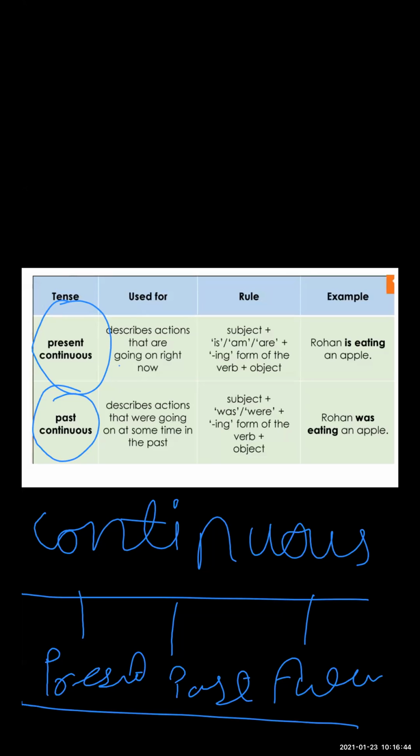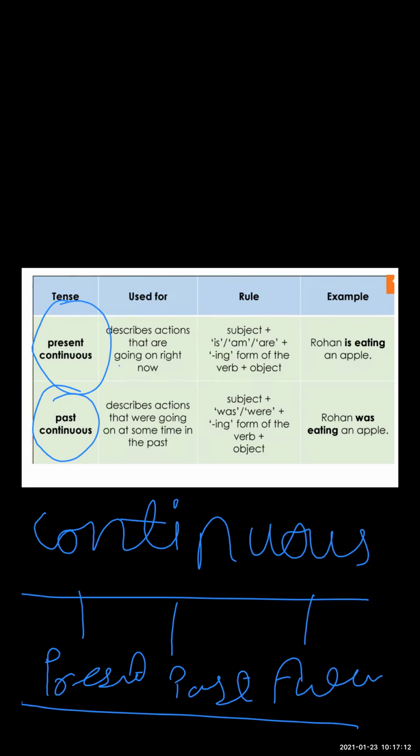Rohan is a single person, a singular subject, that is why I took was. If so many children were eating the apple, what will I use? Were. We were eating an apple. Same ing form of the verb. This is about the continuous tense.